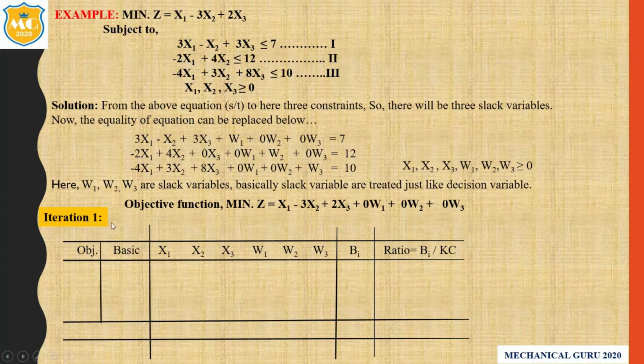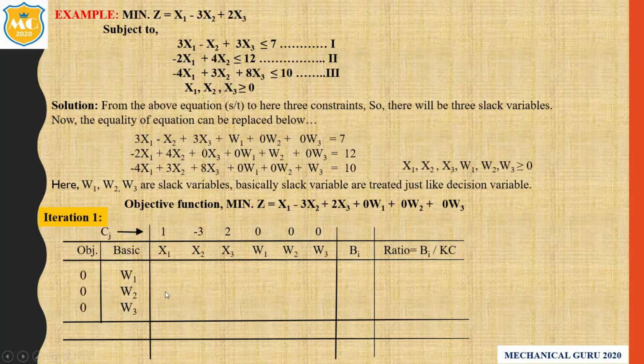Second, we write down the Cj values, the profit constraint. In the objective function minimize z, we just write the coefficients: 1, -3, 2, 0, 0, 0. Next the basic variables: w1, w2 and w3, with objective cost 0, 0, 0.